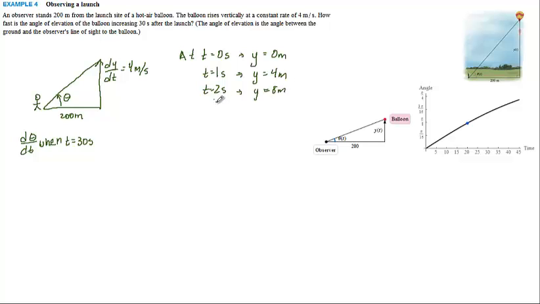I don't really care about any of those, but I do care about t equal to 10 seconds. And at 10 seconds, y would be 40? Oh no, I care about 30 seconds, sorry. Let me do another one.